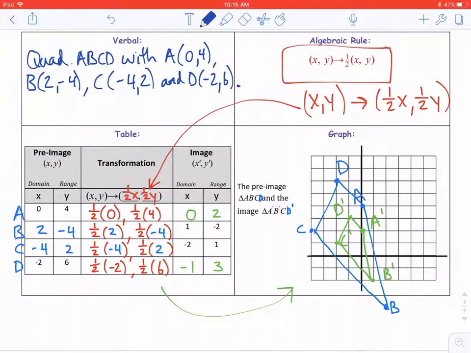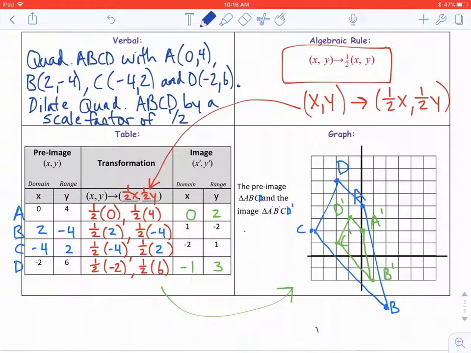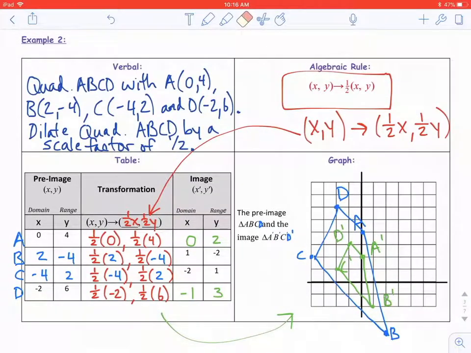And put a period. We're going to dilate quadrilateral A, B, C, D by a scale factor of 1/2. So, remember, your verbal description is kind of like you're telling someone what to do with what was given. Alright, so that's all 4 parts for example 2.